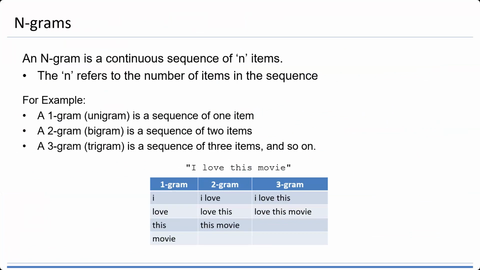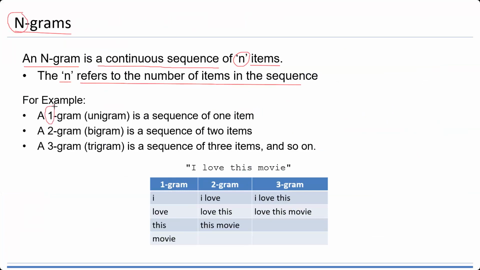After we learn about the BOW, in many cases, we will use the n-grams. So n-gram is a continuous sequence of n items. The n refers to the number of items in the sequence. So this n can be 1.